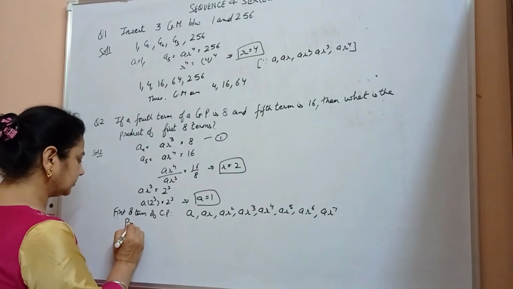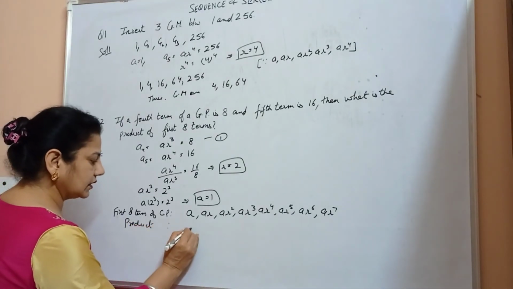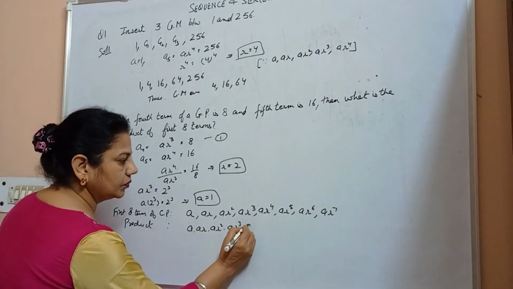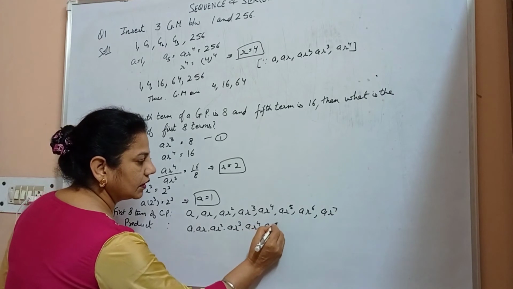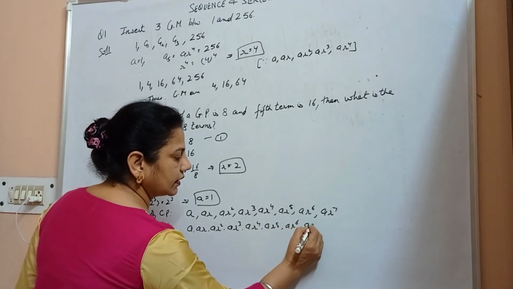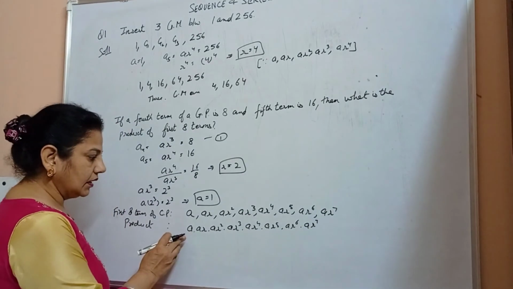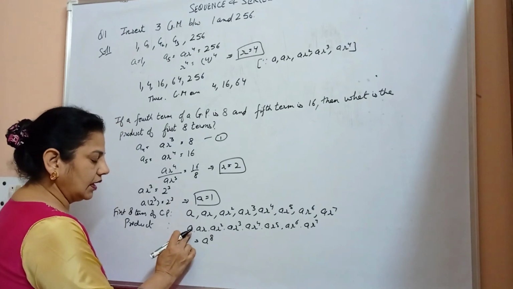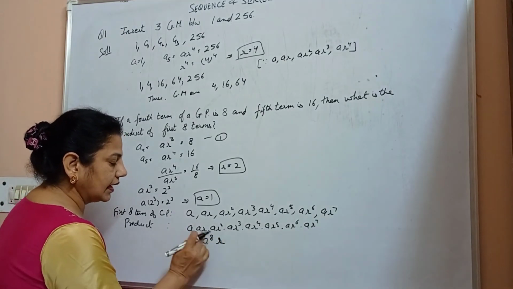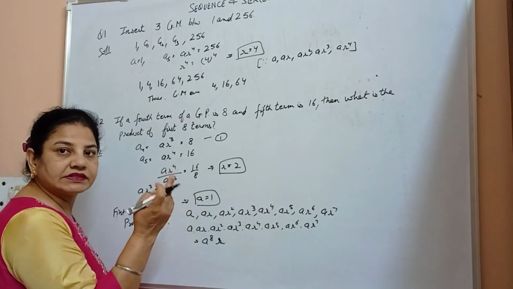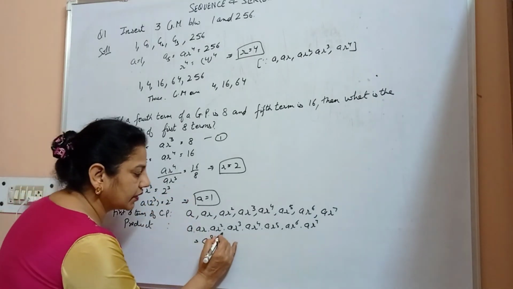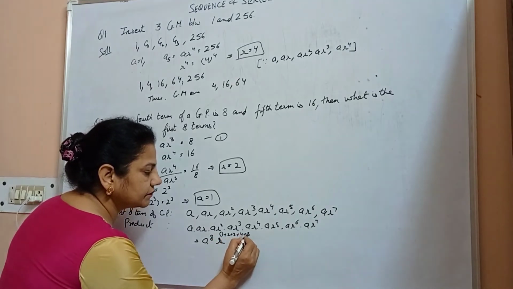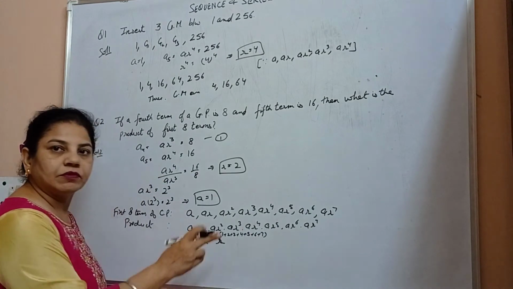Their product is A into AR into AR square, AR cube, AR4, AR5, AR6 and AR to the power 7. How many A's are there? There are 8. And as the R's are being multiplied, the powers get added in the exponent. So we get R to the power 1 plus 2 plus 3 plus 4 plus 5 plus 6 plus 7, the sum of the first 7 terms.